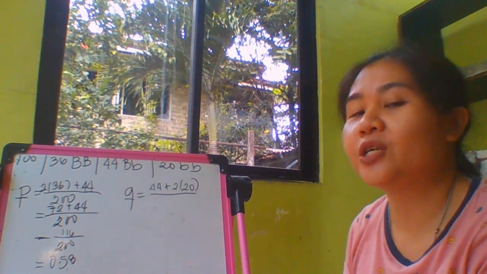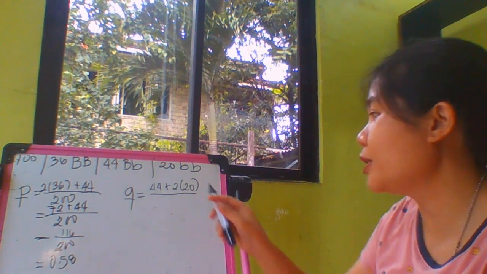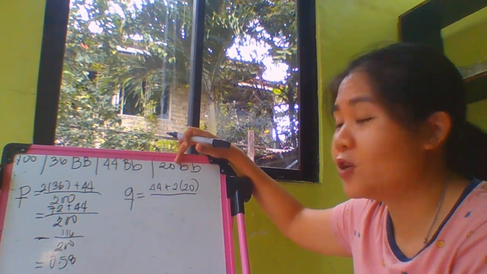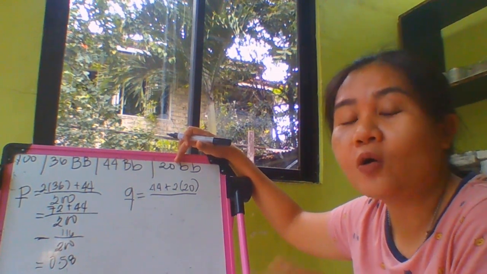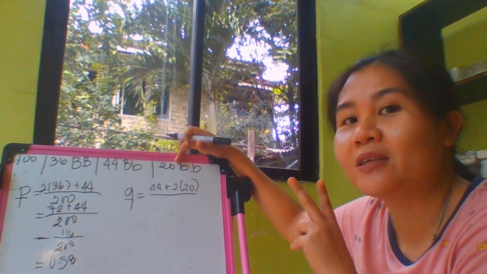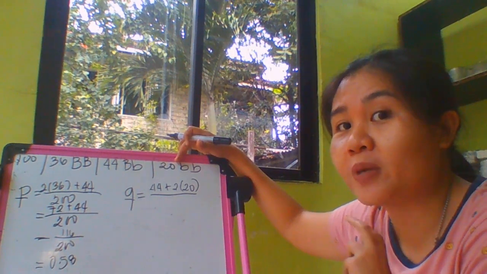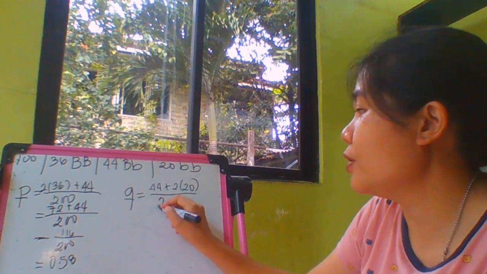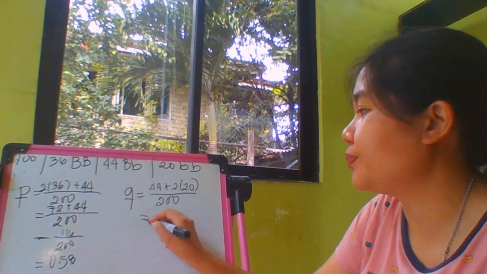Again, the reason why we have to multiply 20 by 2 is because the 20 individuals that happen to be white also possess the recessive genes of being white. Over 200.